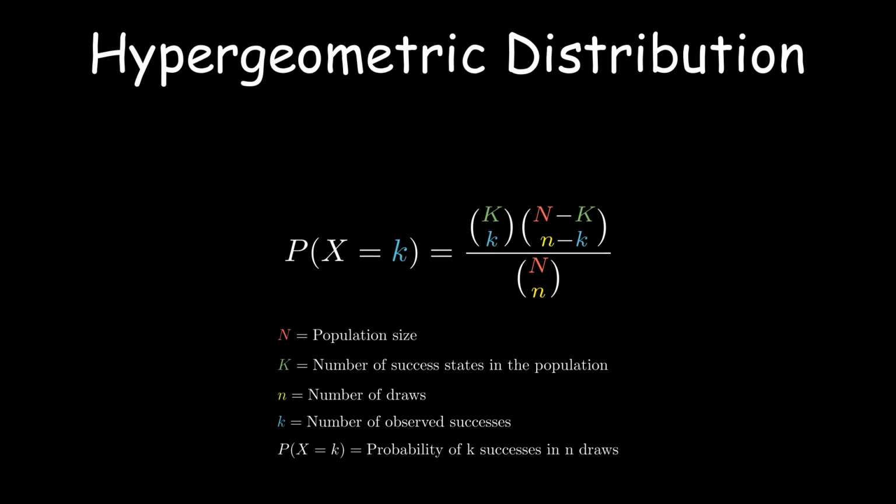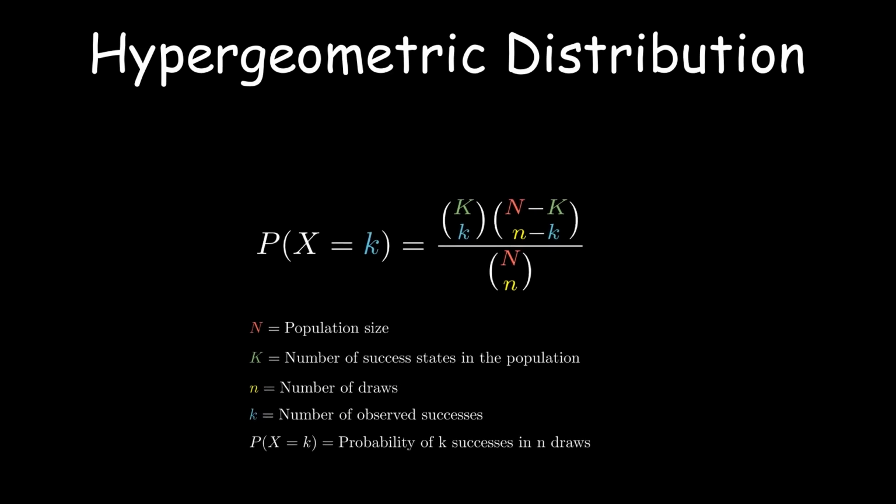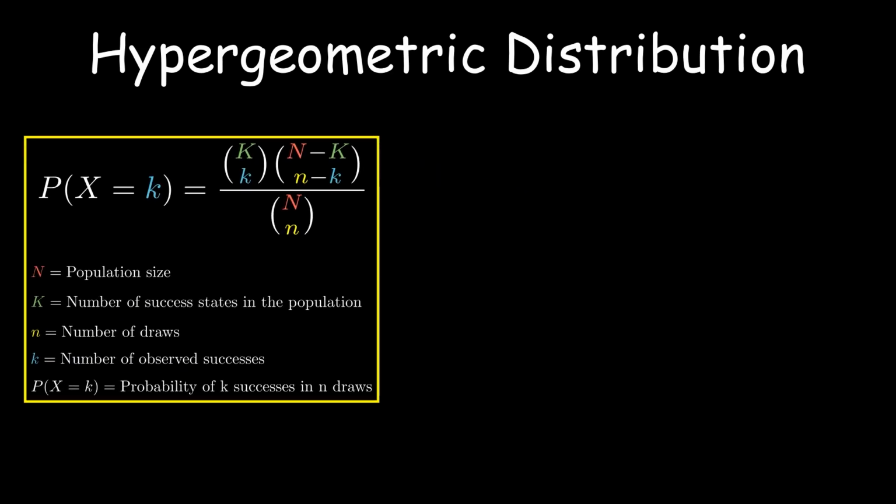Let's try to get the intuition behind this formula by proving it using combinatorics. As we know, we have N items in the population, K of which are success states. This means N minus K items are failure states. Since the sampling is done without replacement, the number of ways to choose k success states from total success states can be calculated using the binomial coefficient like this.